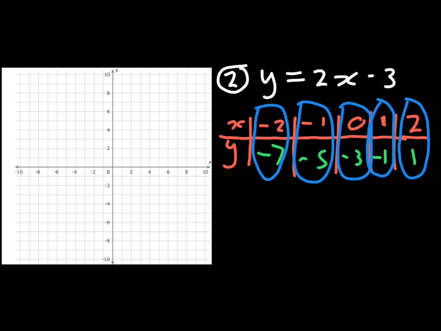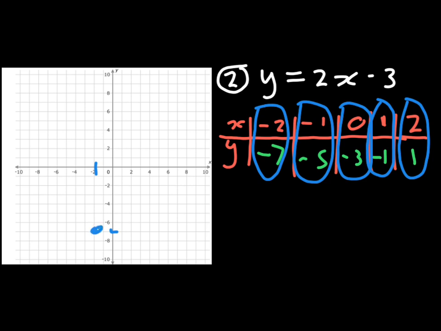So, as we can see, our first point is x equals -2 and y equals -7. So let's plot that. So we've got x equals -2, which is here, but we need y to be -7, which is here. So where these two lines meet would be over here.